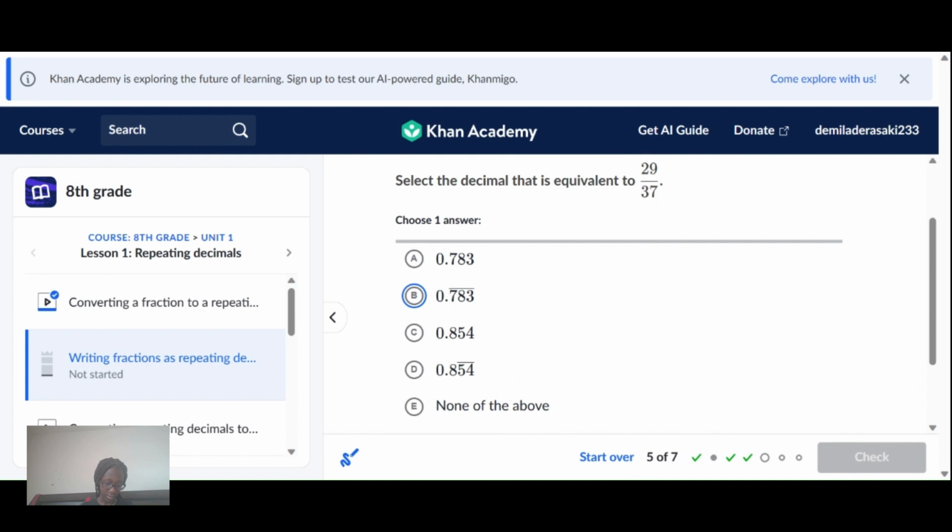So let's do less. 37 times 3 is 111. That's closest enough to 140 because 37 times 4 is 148. So it keeps repeating, so it's this one.